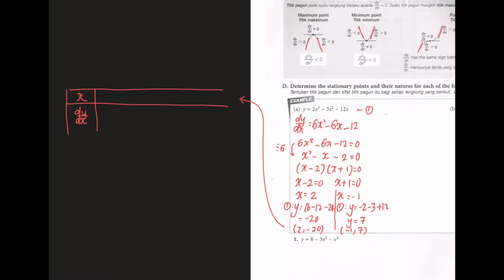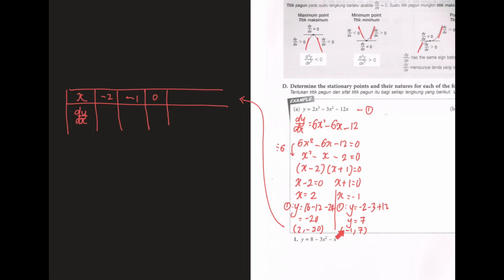I have 2 values of x here, which are minus 1 and 2. I will start with minus 1 first, as minus 1 is the smaller one. I will put a value which is a little bit smaller than minus 1. Let's say just minus 2, and 0.